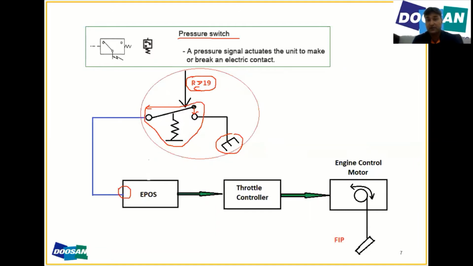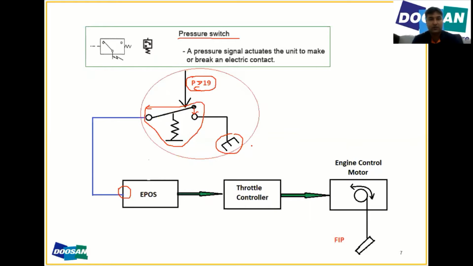Keep in mind, sorry, this is the pilot pressure coming from the pilot pump. If it is less than 19 bar, then this switch is open. Open means it disconnects the ground from the EPOS. And when this pressure is more than 19 bar, it closes and connects the ground to EPOS.